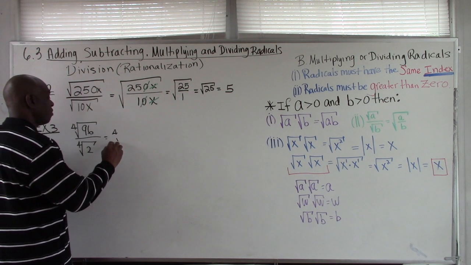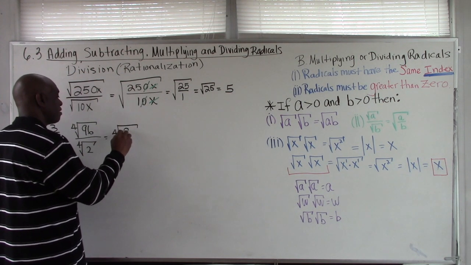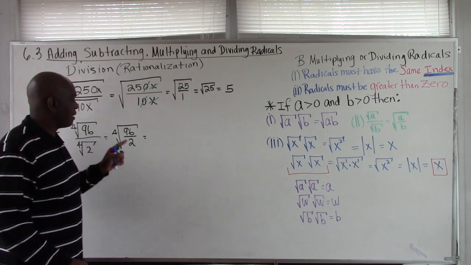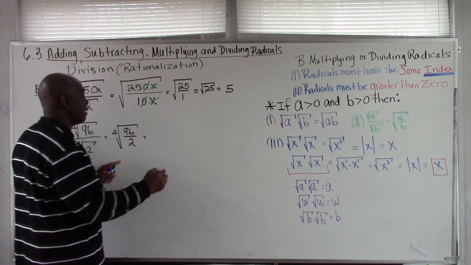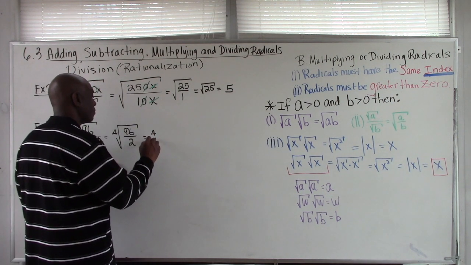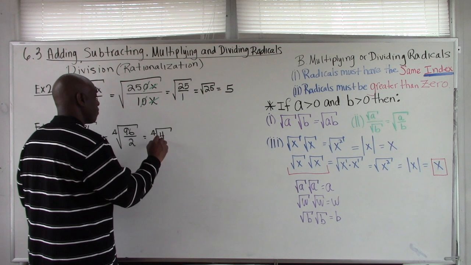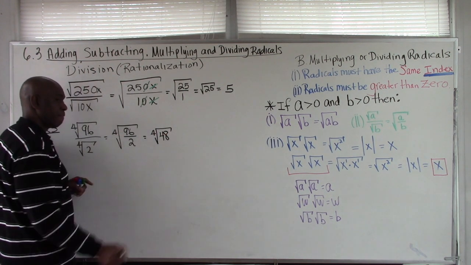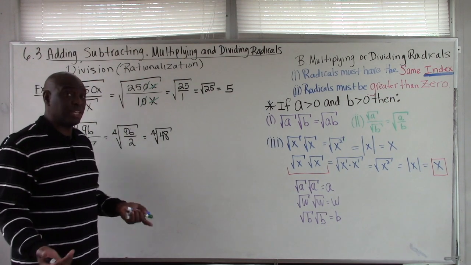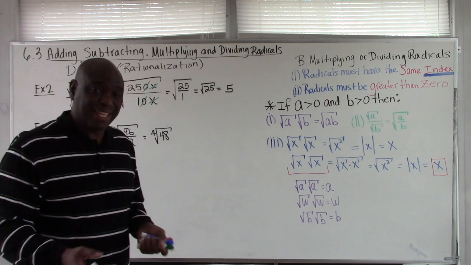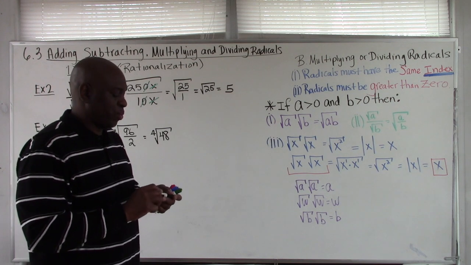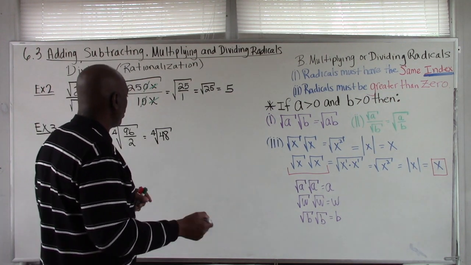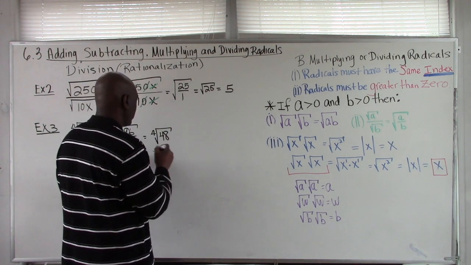The 4th root of 96 divided by 2. All right, 96 divided by 2 is 48. Okay, and so what is the 4th root of 48? Well, we have to go to the shop. And let's see. What is the 4th root of 48?